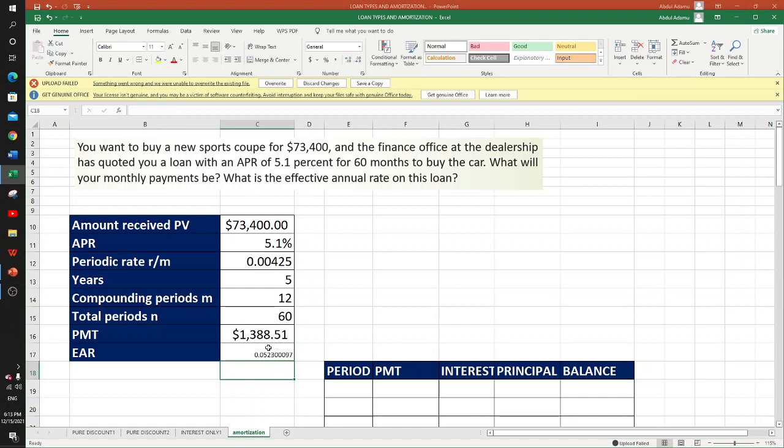Enter. So our EAR in percent amounted to 5.23%. So this is our APR, and that's the EAR.